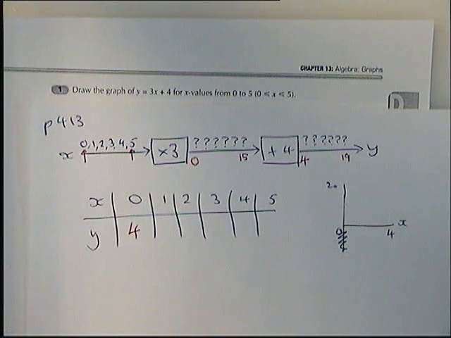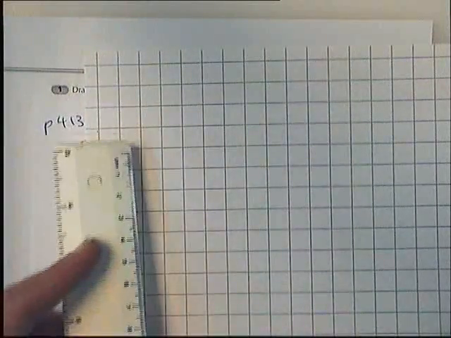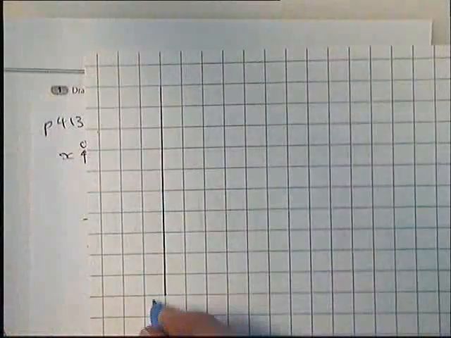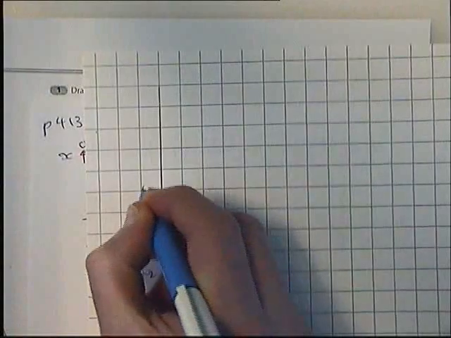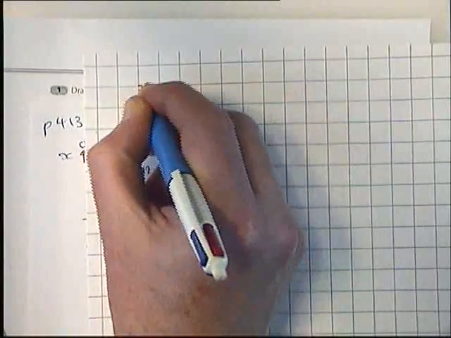So what we need to do on graph paper is go from 0 up to 20 and across to 5. Now you might want to go 20 squares up, or you might, just to save a bit of time, go 10 squares up and then go up in 2s, for example 0, 2, 4, 6, 8, 10, 12, 14, 16, 18 and 20.